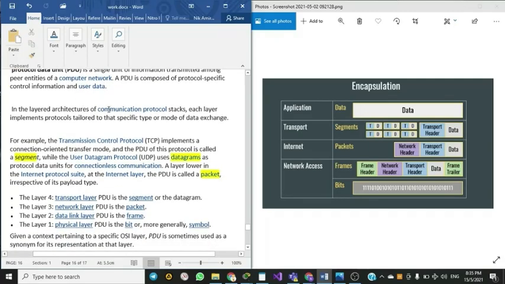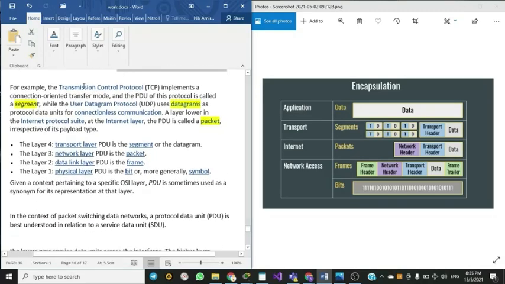In the layered architecture of a communication protocol stack, each layer implements a protocol tailored to that specific type of data exchange. For example, the Transmission Control Protocol implements a connection-oriented transfer, and the PDU of this protocol is called a segment, while the User Datagram Protocol uses a datagram.